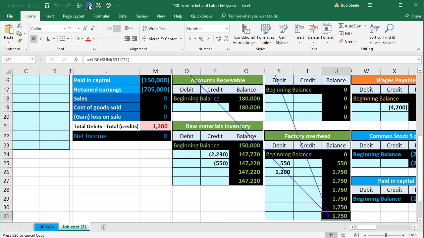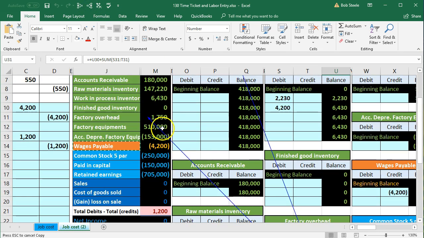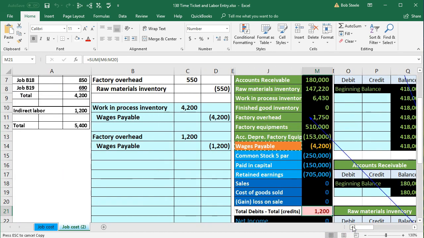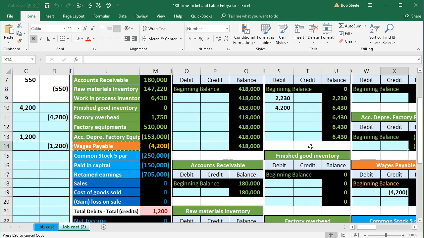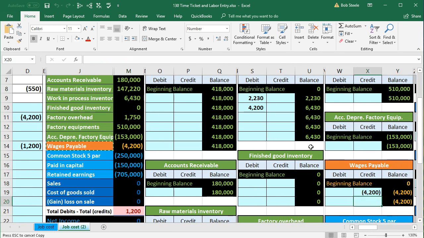That 1,750 then is being used to create the trial balance. We're out of balance by 1,200 until we record the other side. So here's the other side. Wages payable. It's our only liability account, which is nice in this small trial balance. There it is. It's going to be on the credit side again. I'm in X20. I'm going to say equals, and then we'll scroll left and find that account.